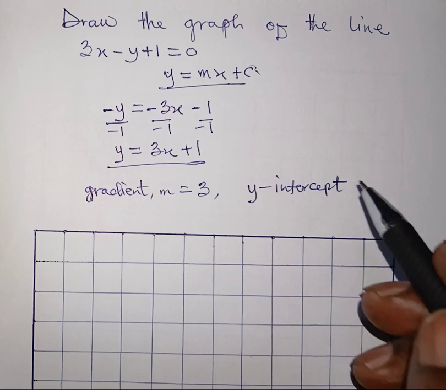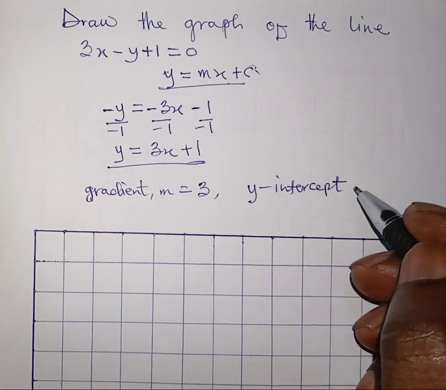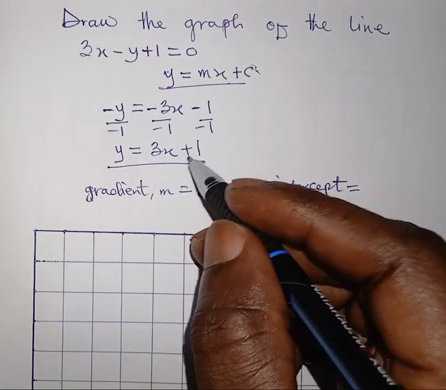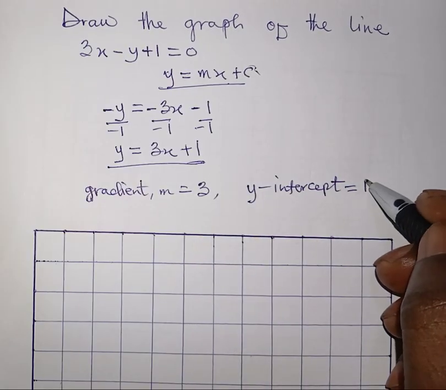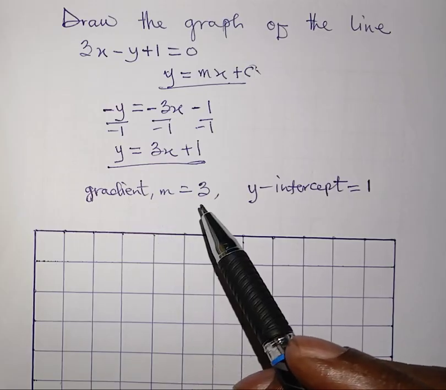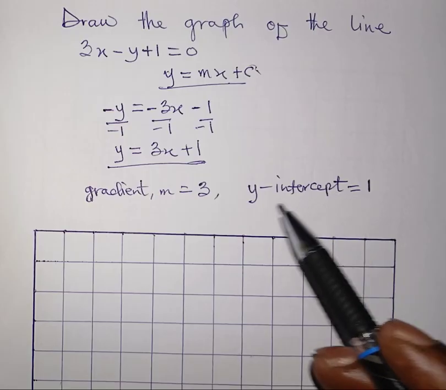Good. Our y-intercept is giving us what? So this is the y-intercept, that's the constant. So it is also 1. Great. Now we are going to use this tool to draw the graph.